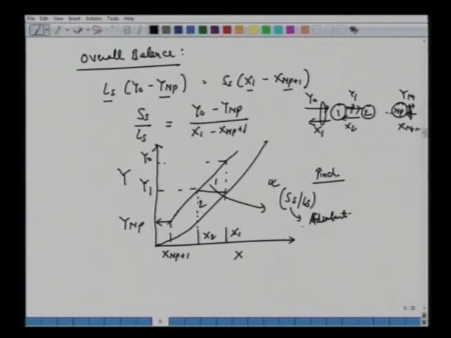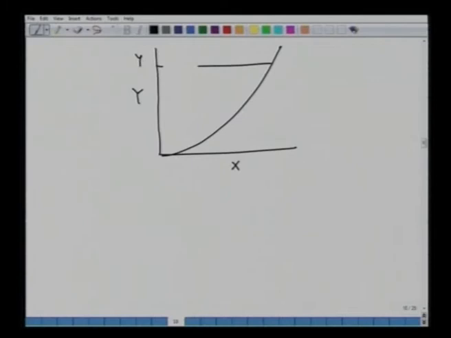Alright, so all we have to do is redraw this curve, say y versus x, and the treatment is the same. We have been given y0, we know the last stage ynp, corresponding to which we have the solid phase concentration xnp plus 1, which could be very small or zero here.